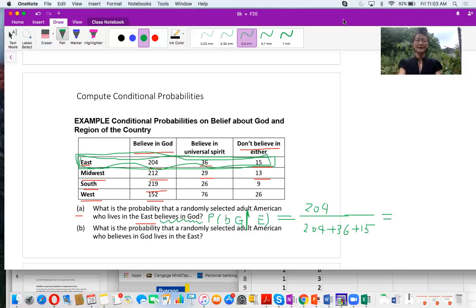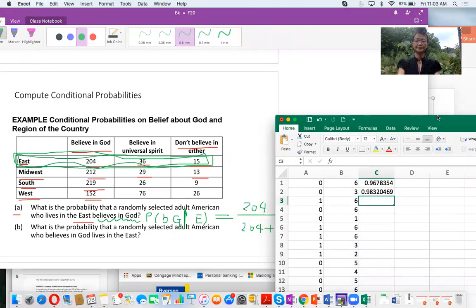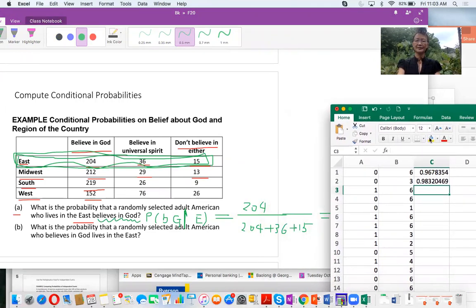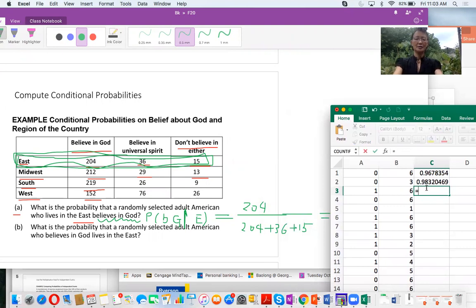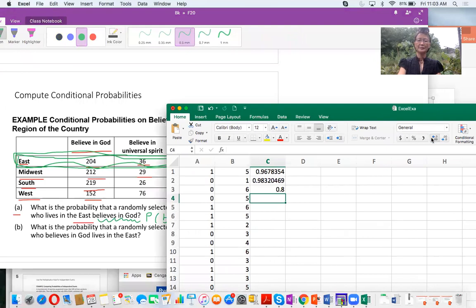So now, what is this number? I'm going to use Excel. Equal 204 divided by 204 plus 36 plus 15. Okay, the result is 0.8. Let me increase the decimal places to see.